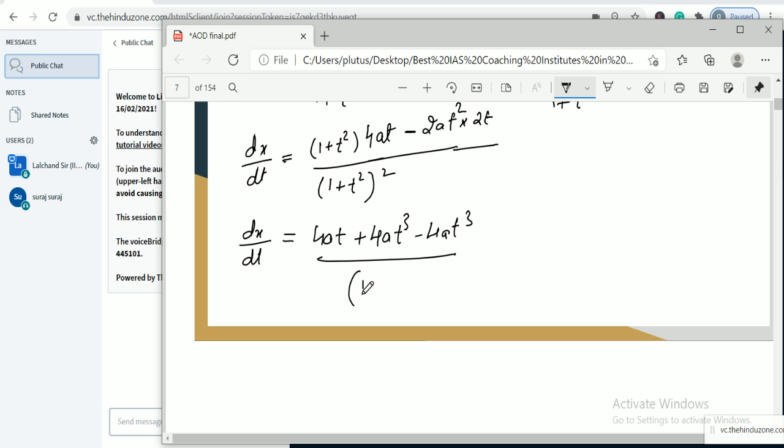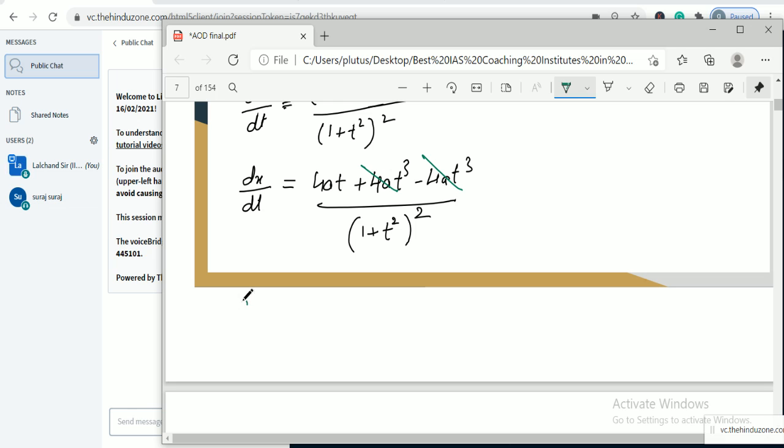And this is 1 plus t square whole square, isn't it? So this gets cancelled. So the final value of dx by dt will be 4at divided over 1 plus t square whole square. Okay, this is our dx by dt.